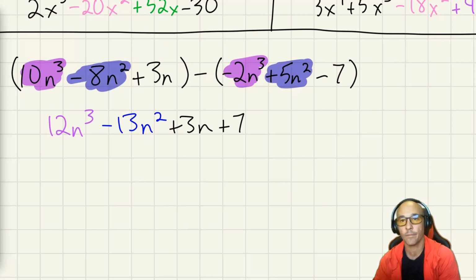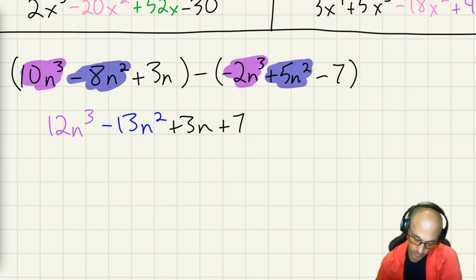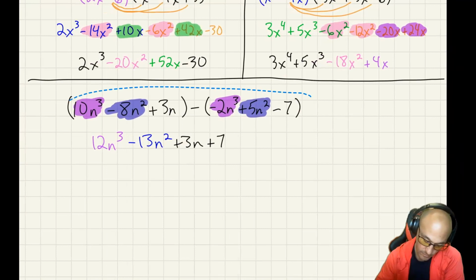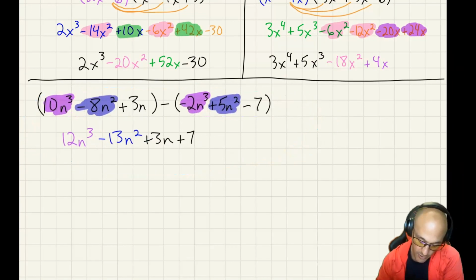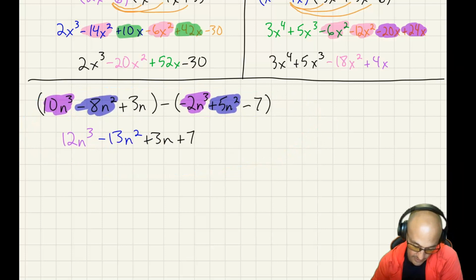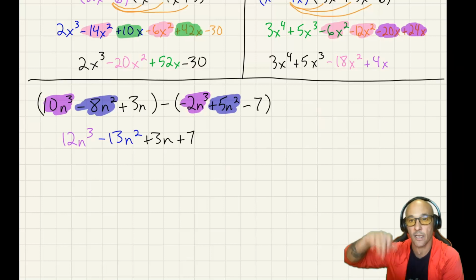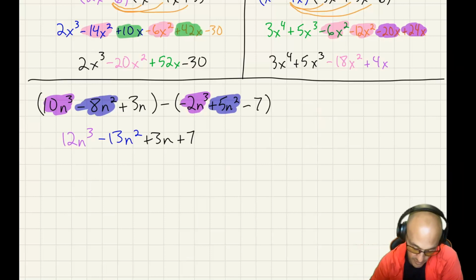Questions on that one? And I'll do it a different way in just a minute. The thing that you can do that's a little different is you can line these up vertically, having the like terms vertically aligned. So we have 10n cubed minus 8n squared plus 3n.